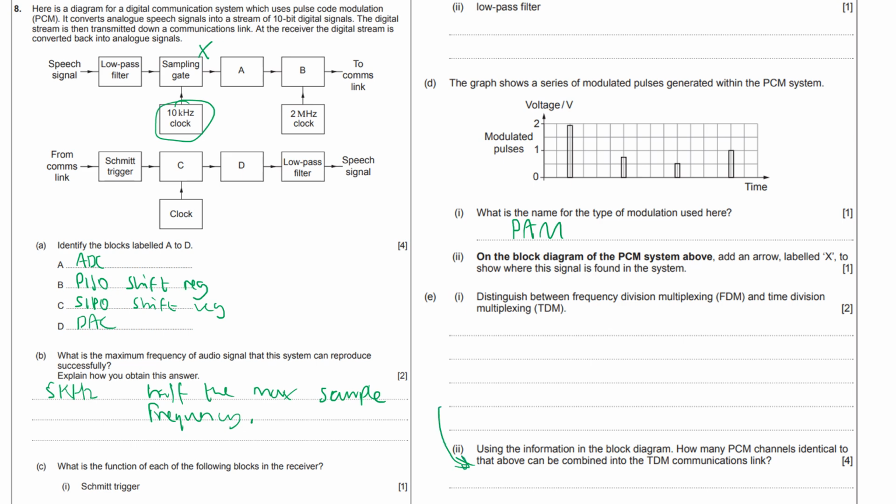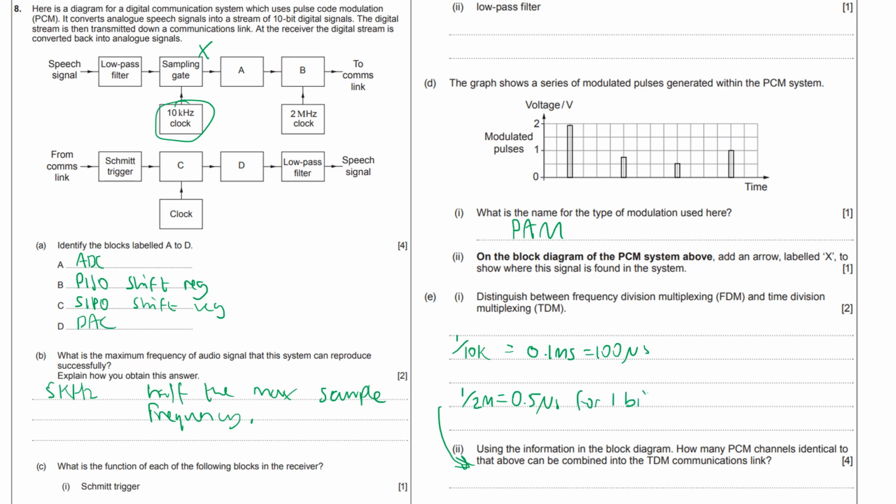I'm going to work out the time period of the sample gate. 1 over 10k is 0.1 millisecond, or 100 microseconds. Then I'm going to work out the time period of the clock, but there are obviously 10 bits. So 1 divided by 2 meg is 0.5 microseconds for 1 bit.